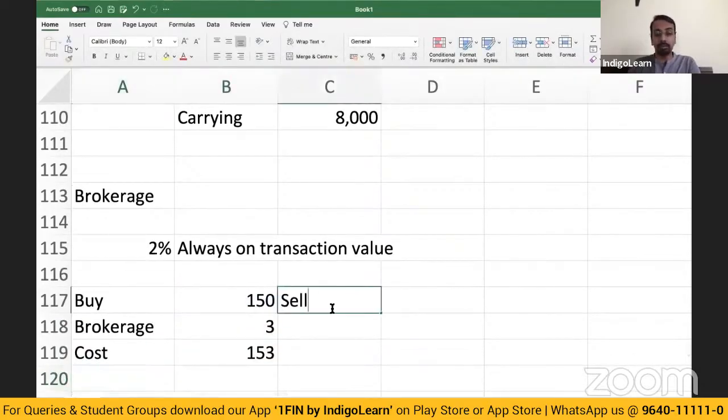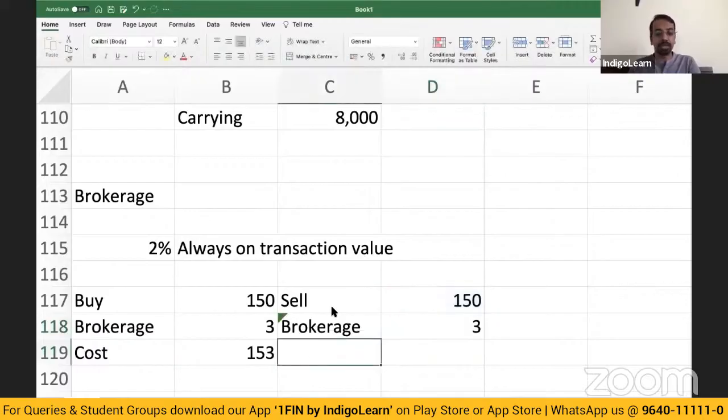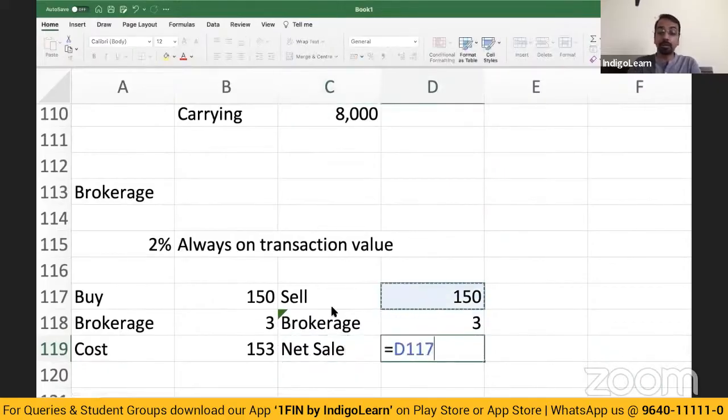If you sell at 150, you will pay brokerage of 2%. Sometimes in the exam they give a different buying brokerage and selling brokerage. Okay, 3. So what is your net sale value? Net sale value will be 150 minus 3, 147.